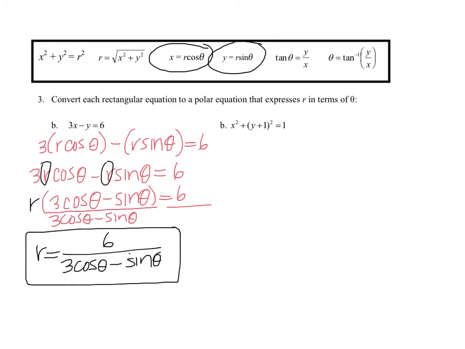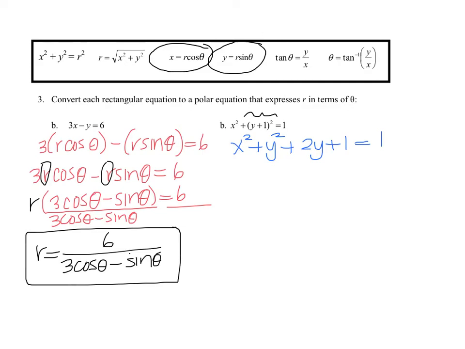All right, let's look at B. Before I make any substitutions for B, I'm going to multiply this out. That's going to be x squared plus y squared plus 2y plus 1 equals 1.